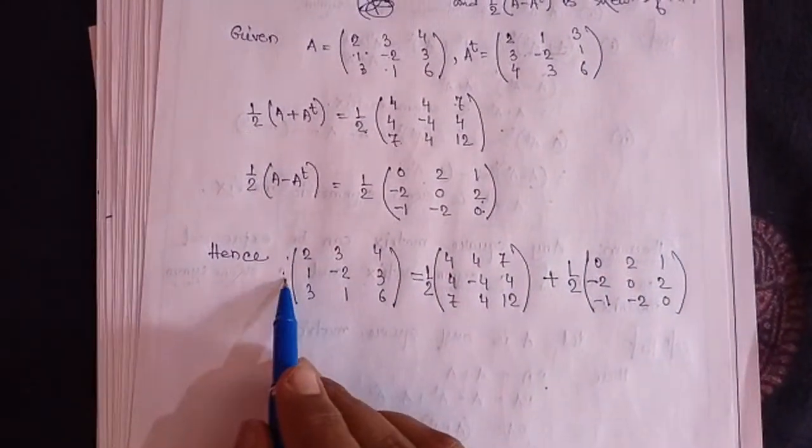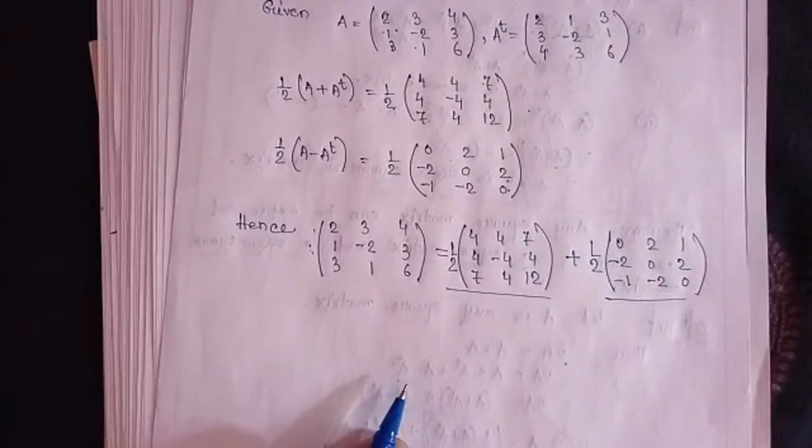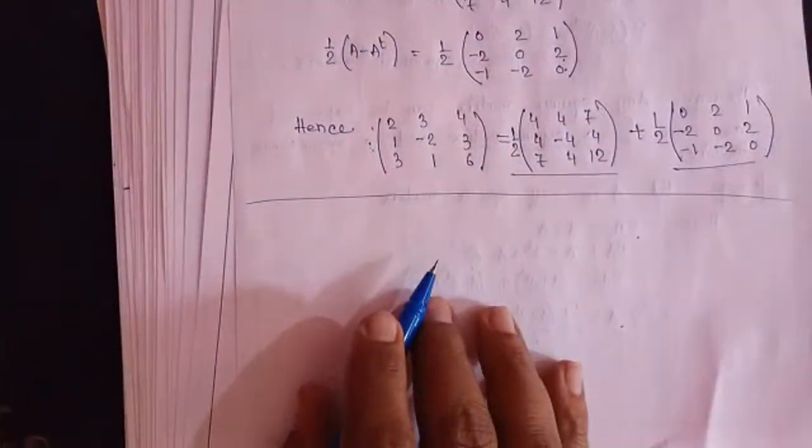So any square matrix I have expressed as a sum of this symmetric and this skew-symmetric matrix. Understood?